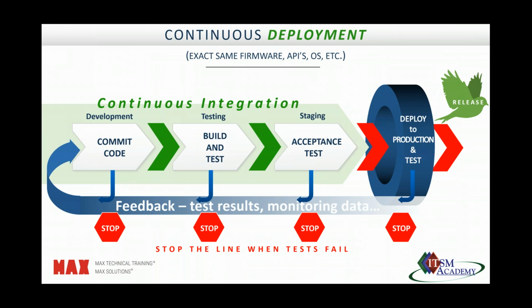Everything that we talked about in continuous delivery as it relates to continuous integration, the commitment of code, the build, the test, the being able to stop the pipeline and take corrective action through those shortened and amplified feedback loops is the same. What's really different in continuous deployment is right here. There is no manual trigger in continuous deployment.